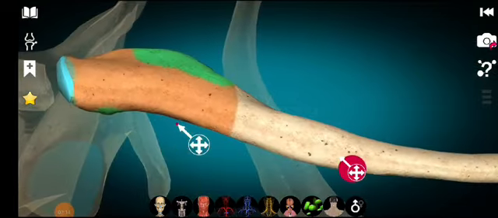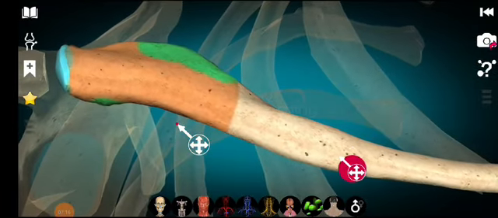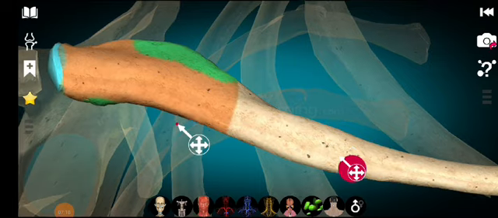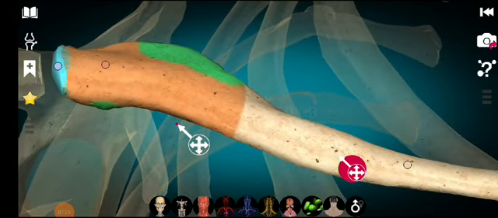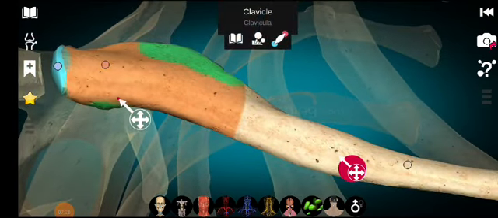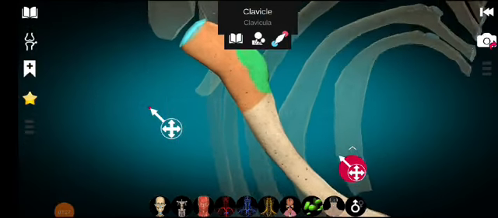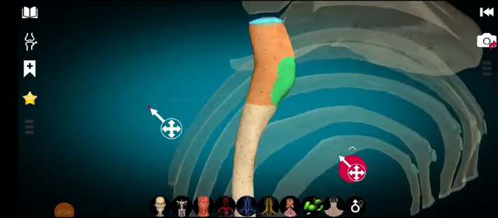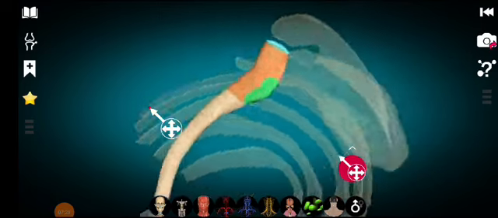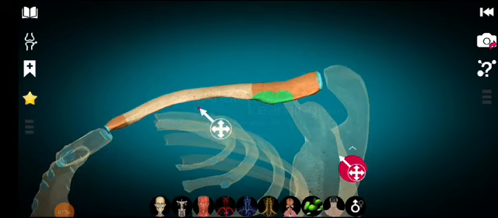Now if you see the lateral region of the shaft of the clavicle, it is concave anteriorly while it is convex posteriorly. You can see over here it is convex posteriorly.